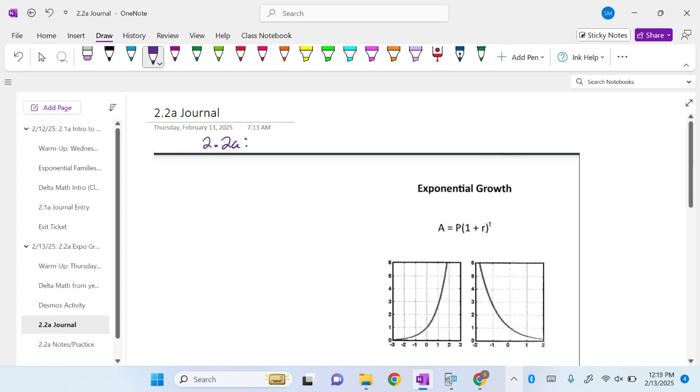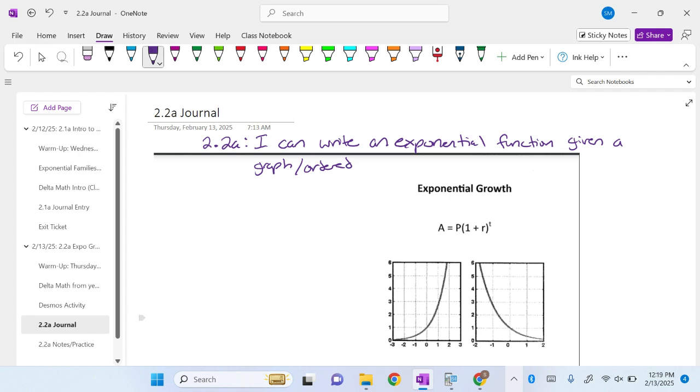So 2.2a I can statement is: I can write an exponential function given a graph, ordered pairs, table, or a description of percent growth or decay.